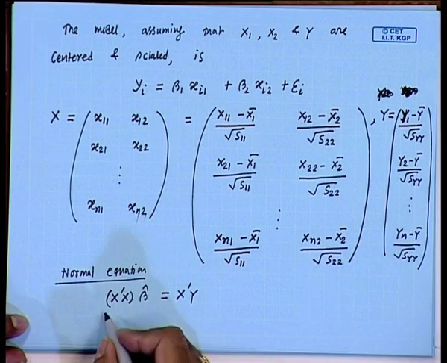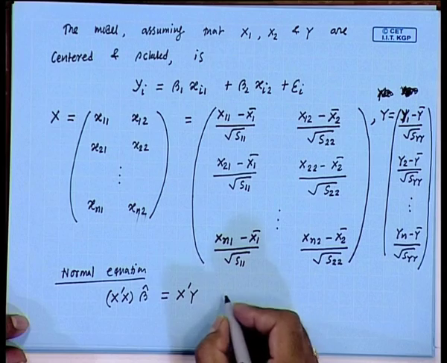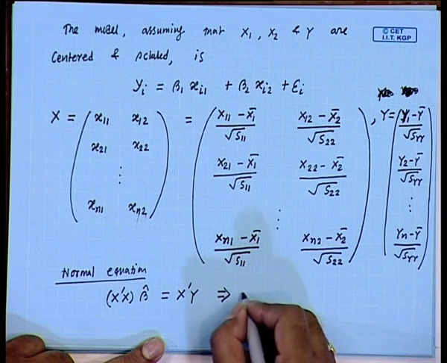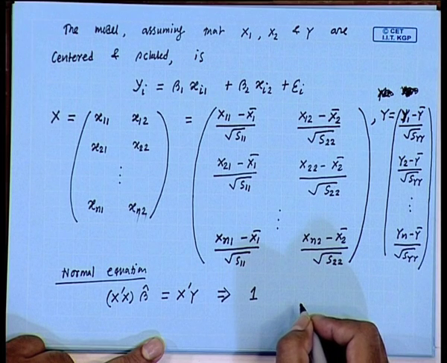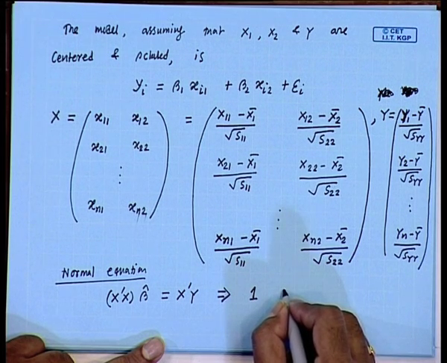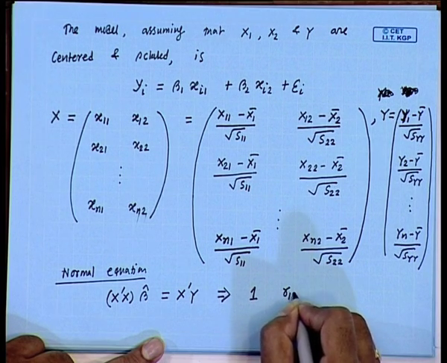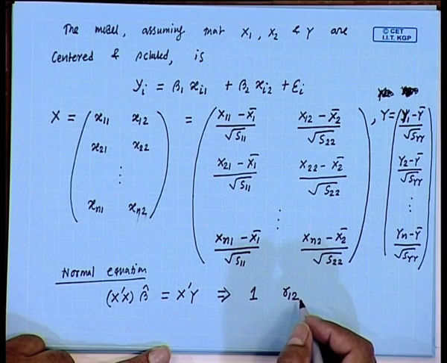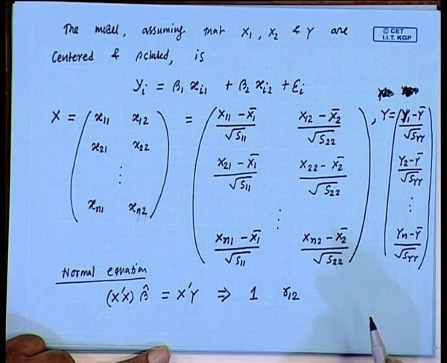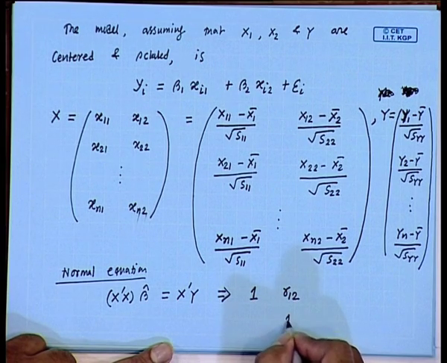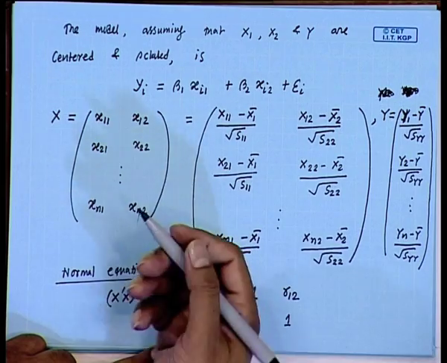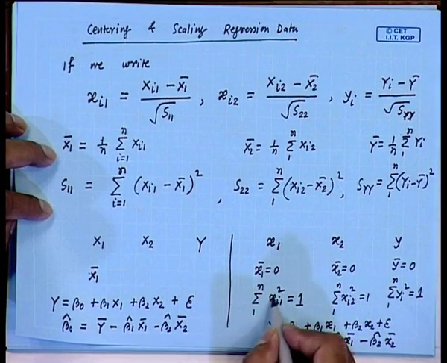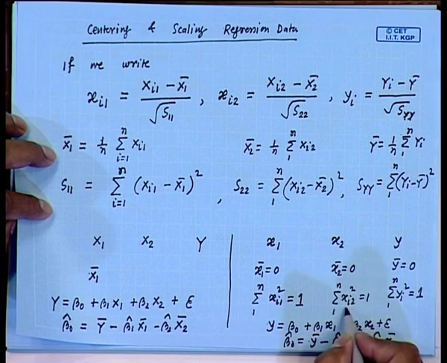Now, what is X prime X? You can check that X prime X is 1, R12, R12, 1. This R12 is nothing but the sample correlation between x1 and x2, and the 1s here are because the sum of x_i1 squared is equal to 1 and the sum of x_i2 squared is equal to 1.